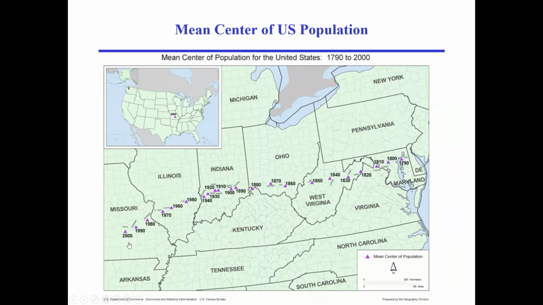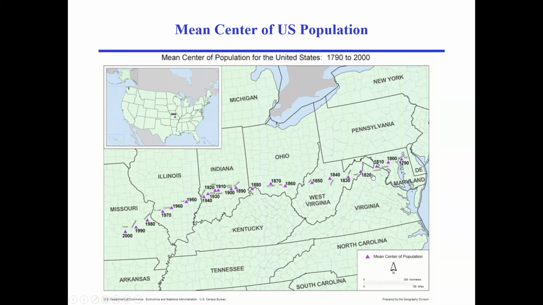For year 2000, the mean center of US population is somewhere in Missouri. So you can say the mean center of the population is moving west in the last more than 200 years. Why? Because the population was marching to the west.